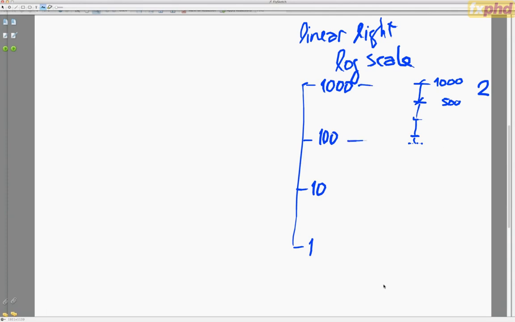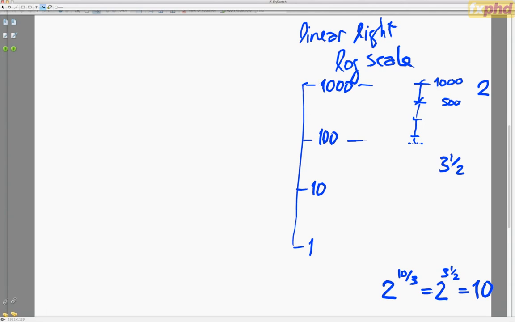So 2 to the power 10 over 3, in other words 2 to the power 3 1/3 is 10. That means there's 3 1/3 stops in a density unit. It's a log scale, and on a practical camera the numbers might go up to 4,000 if it's a 12-bit camera, but we'll stick with 1,000 at the top end of the scale for the time being.